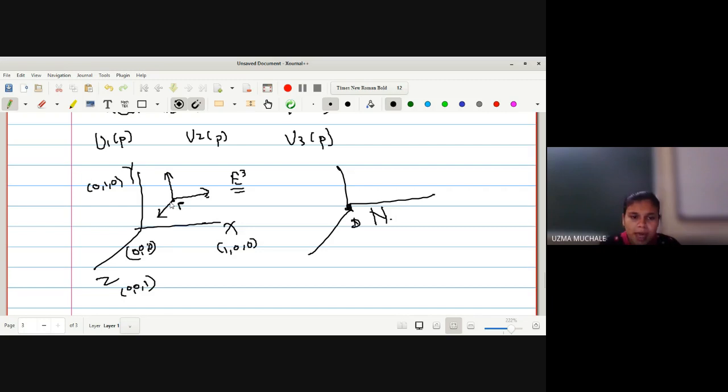But suppose I have shifted the origin to another point P with coordinates P1, P2 and P3. Now can you tell me, in a very similar way, what is the direction vector along the x-axis, y-axis and z-axis, which vector will lie there?